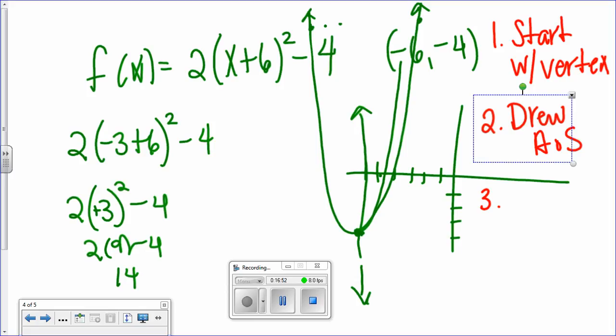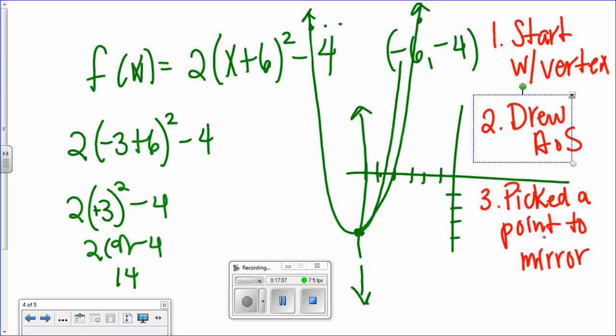I picked a point. We both have 3 steps. Just one of the 3 steps is easier than the other, or less time consuming. They won't all be like this. It could though.